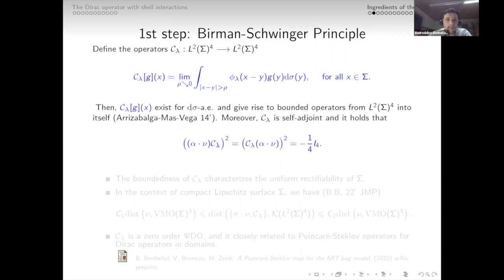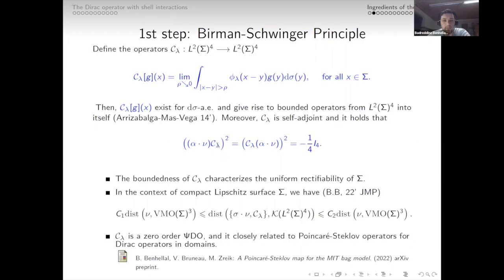Before I give the link between this Cauchy operator and the operator H, let me just recap some history of this operator. In fact, the boundedness of this Cauchy operator, under some doubling condition on the surface, characterizes a kind of surface which is called uniformly rectifiable. This is just a generalization of Lipschitz graphs.